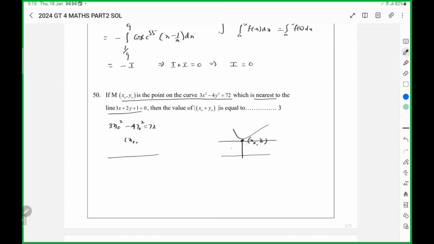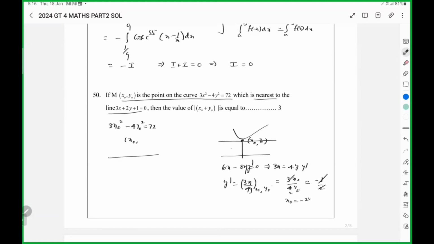Here at this point, if you differentiate the curve, y dash, so y dash at the point x naught comma y naught must be equal to the slope of this line.